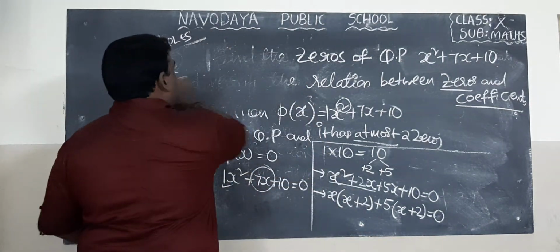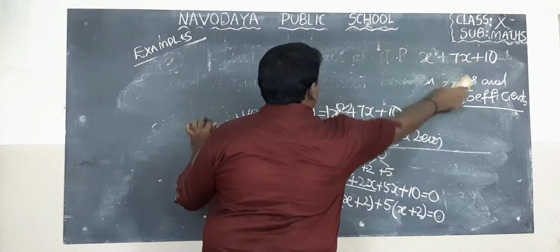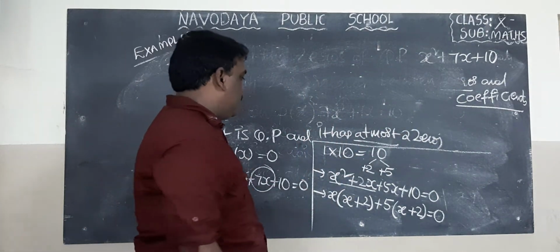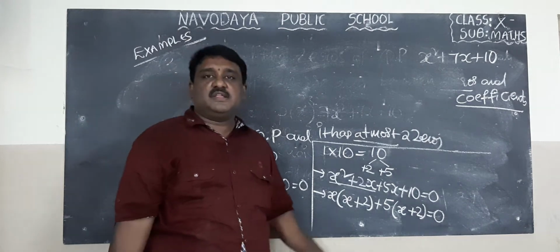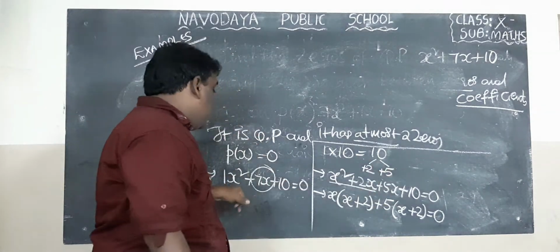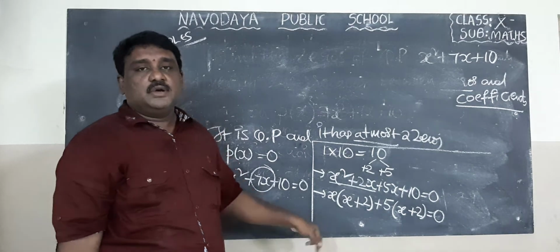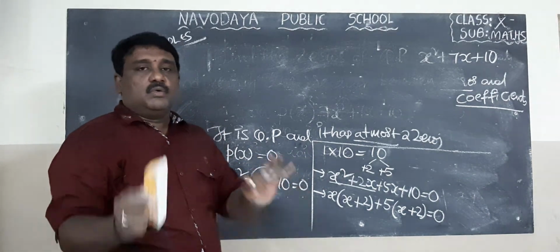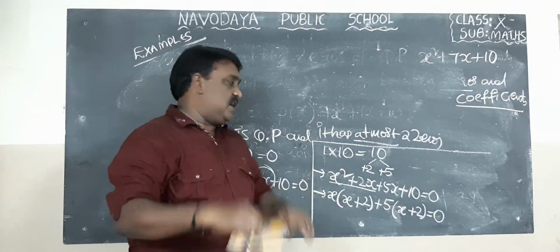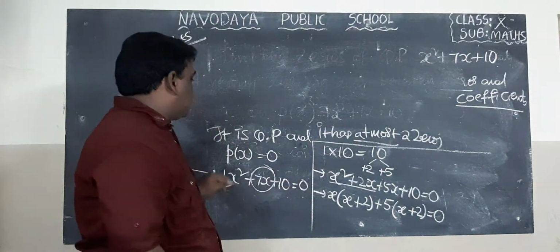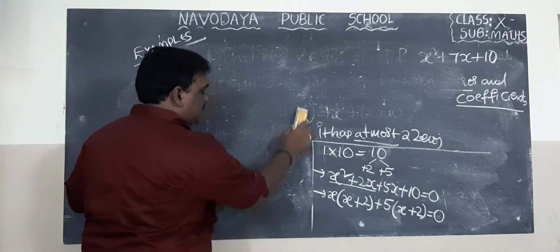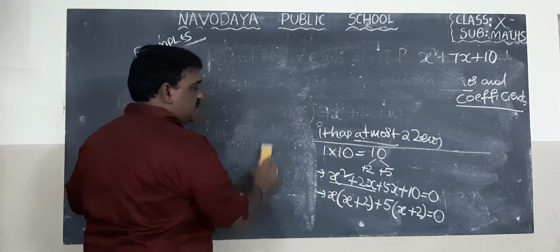So what is the procedure? First number into last number, 1 into 10, 10. What are the factors? Plus 2 plus 5. First one and last one, no change. Only the middle one is replaced by factors. First one, x square; middle one, plus 2x plus 5x; plus 10 equal to 0.